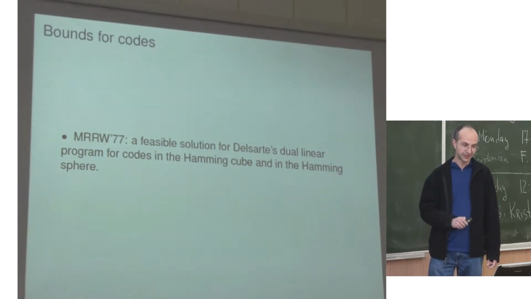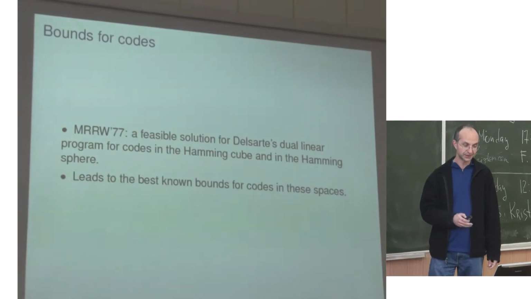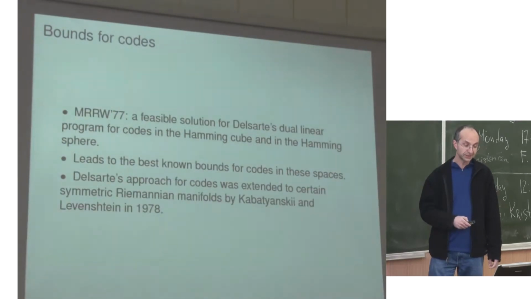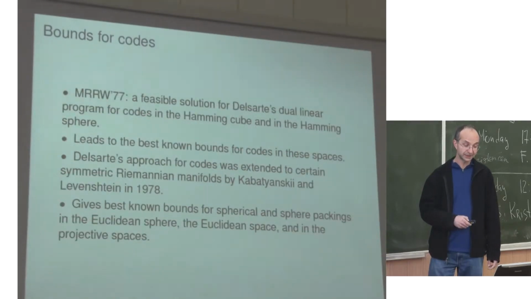This led to the best known bounds for codes in these spaces, and then a year later Kabatiansky and Levenshtein extended Delsarte's approach to some symmetric manifolds, which led to best known bounds for spherical codes and sphere packings in the Euclidean sphere and the Euclidean space, and in the projective spaces.